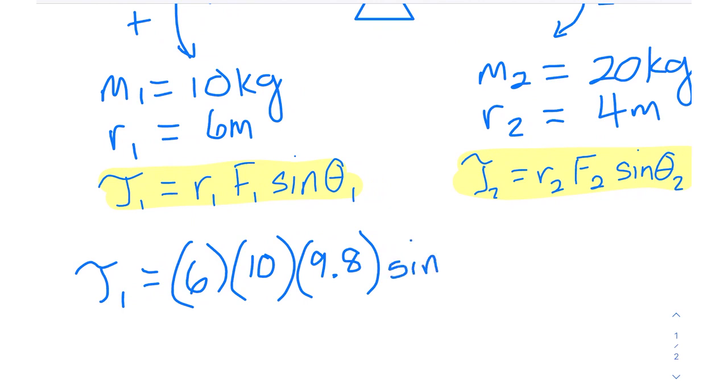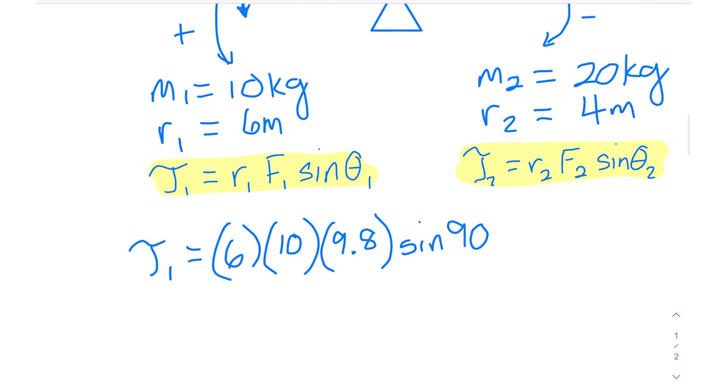So we're plugging in a value of 90 for sine, and since sine 90 is 1, we don't actually have to worry about that part of the calculation. Here you'll have your torque, which is 6 times 10 is 60, times 9.8, so that would be 588.